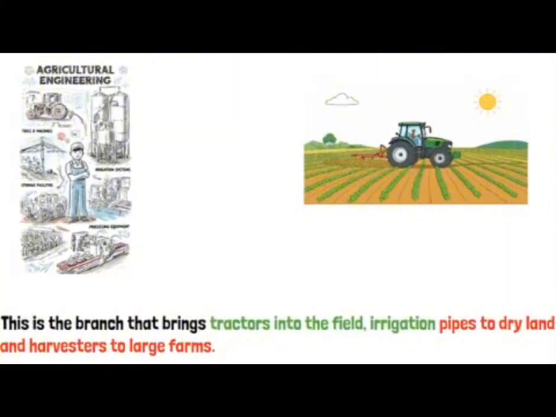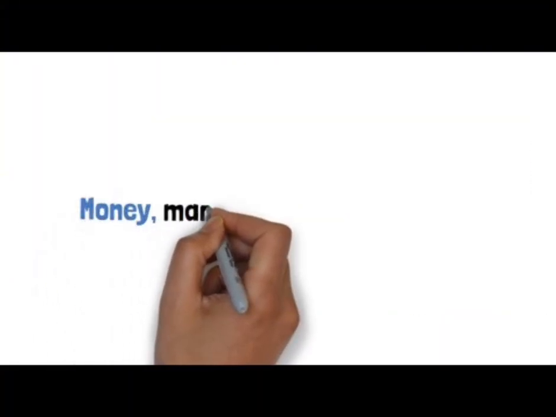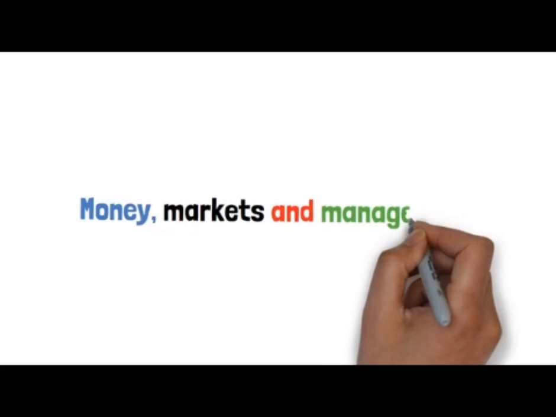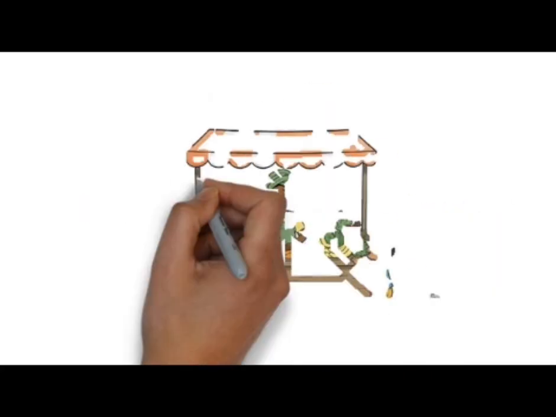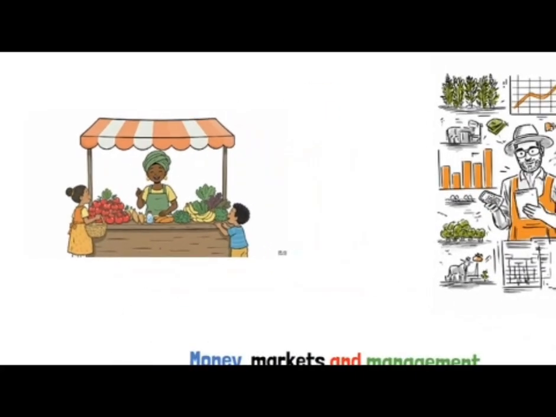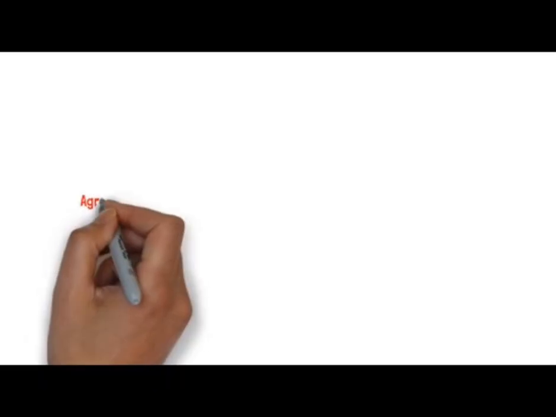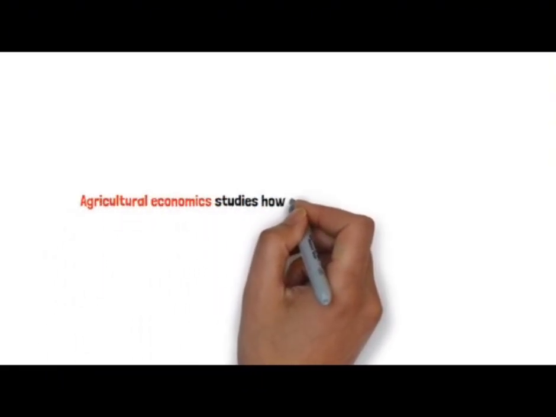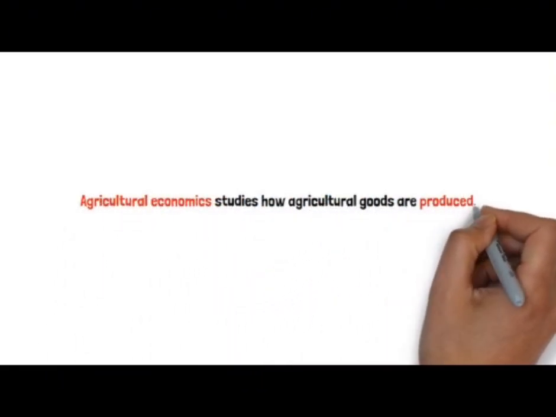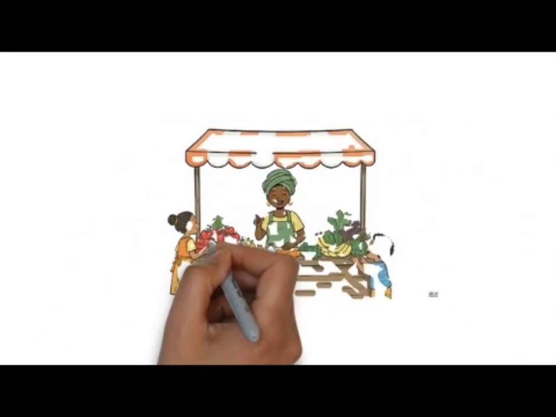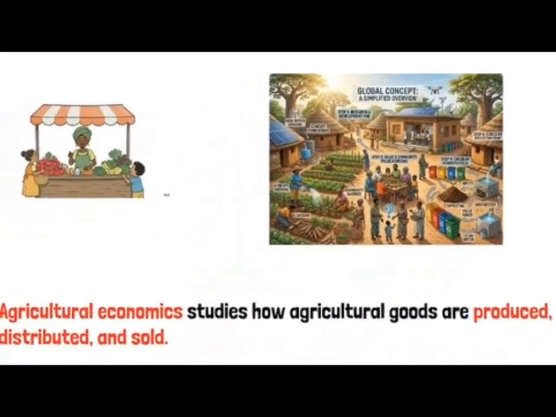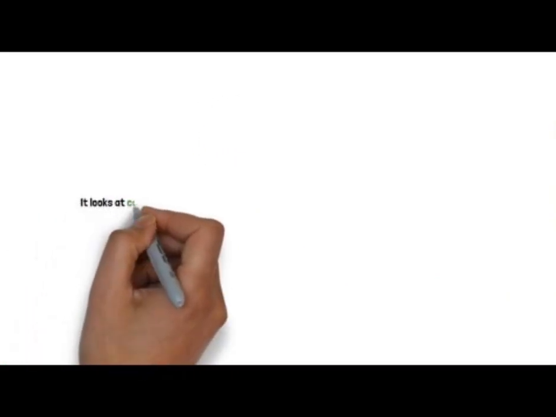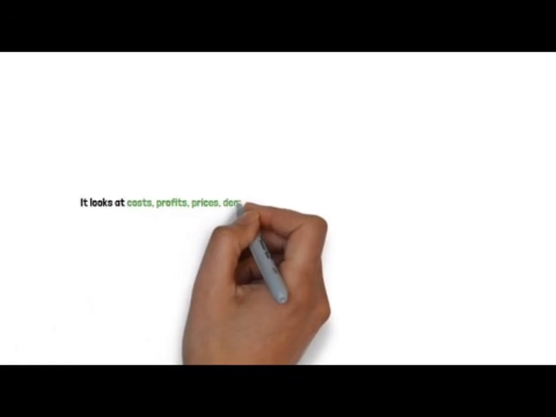Finally, we arrive at the branch that brings all the others into conversation with money, markets, and management. Agricultural economics. Agricultural economics studies how agricultural goods are produced, distributed, and sold. It looks at costs, profits, prices, demand, and supply.